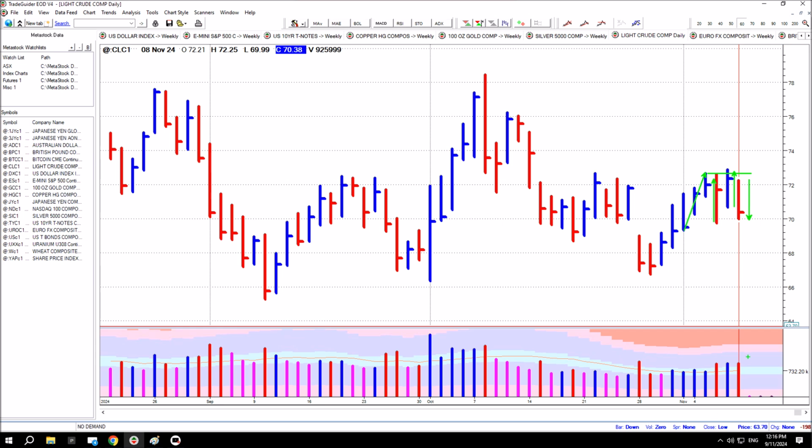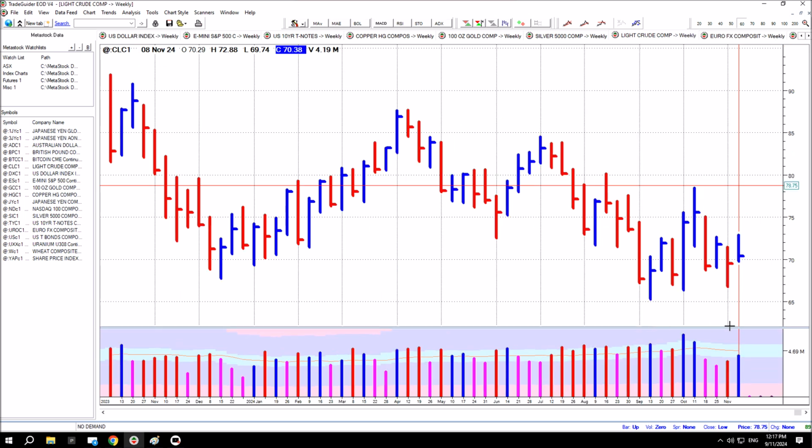When it's pulled back, it hasn't found reduced volume or reduced supply. The supply has been pretty much the same. So there's certainly some weakness in these last 2 bars. Supply has been drawn out of the market. So if we go back to the weekly chart again now, supply has been drawn out on this bar.